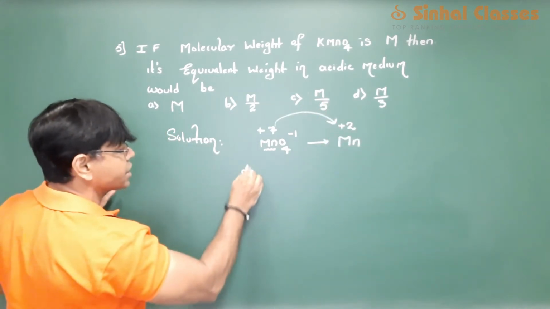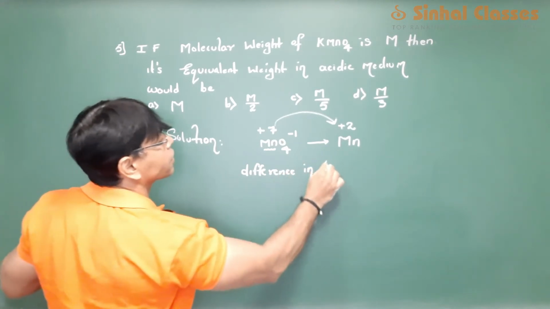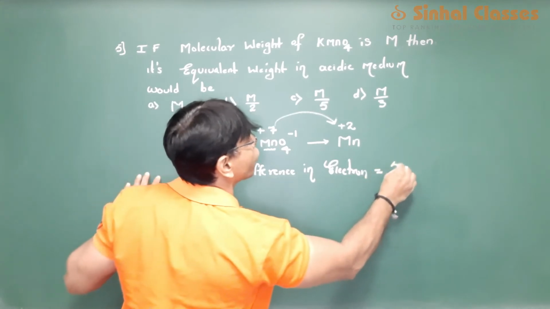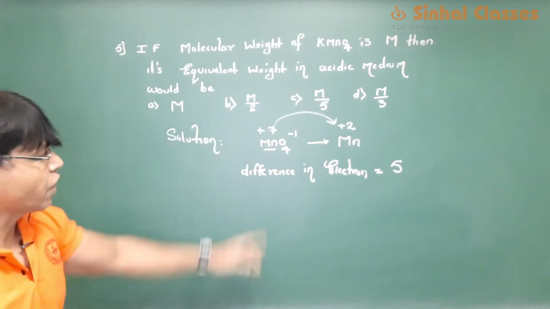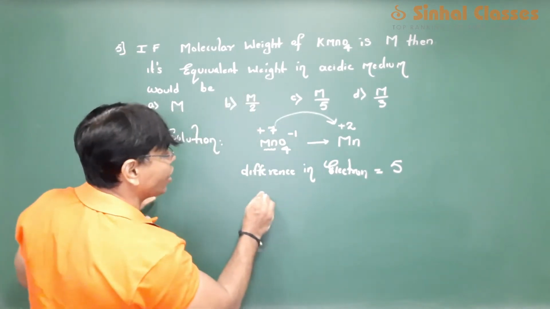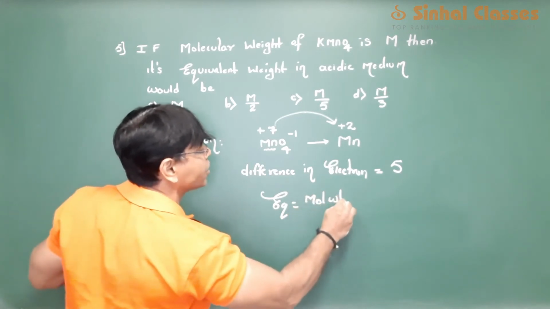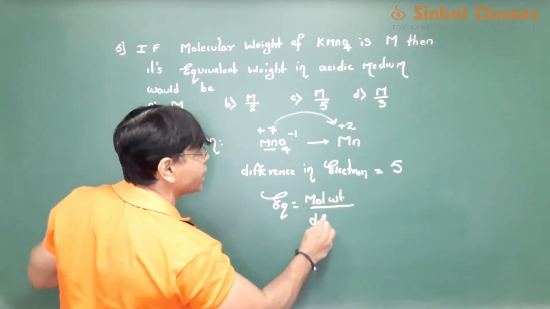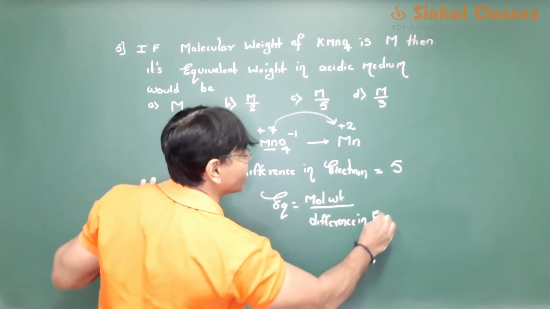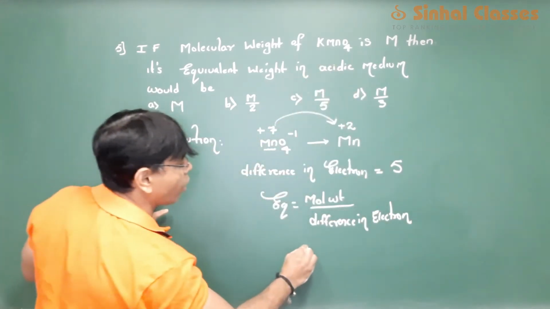So the difference in electron is equal to 5, 7 minus 2. So if you want equivalent weight, it is given as molecular weight divided by difference in electrons.